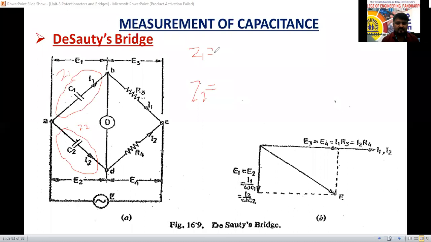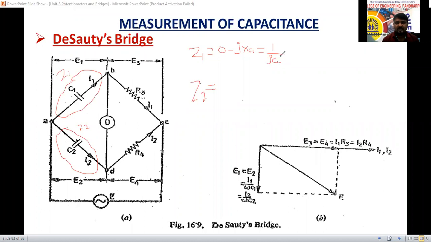Z1 is equal to 0 minus jXC1, is equal to 1 upon j into 1 upon omega C1.